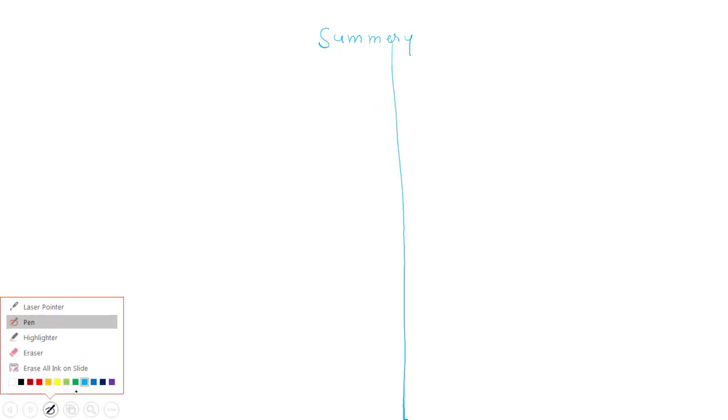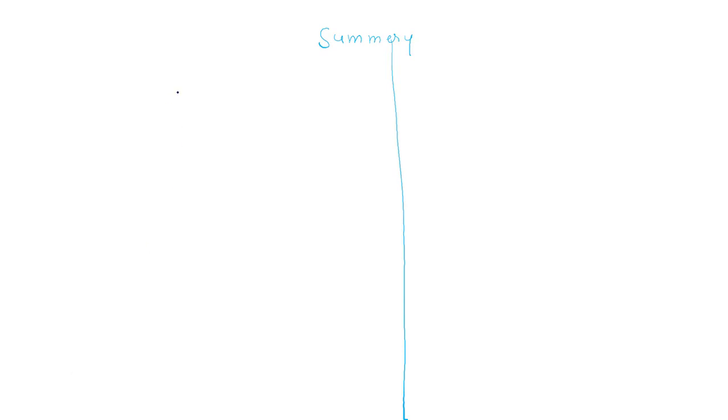Let us have a glimpse of a summary of the open circuit and short circuit tests that we have studied so far. This is the open circuit test and this is the short circuit test. For the open circuit test, we perform it on the low voltage side and the high voltage side remains open circuited.